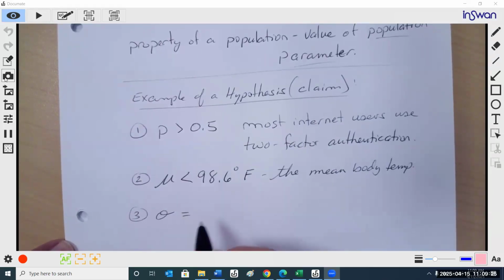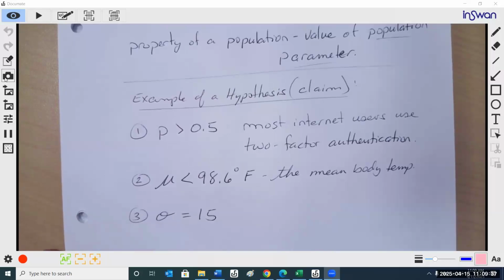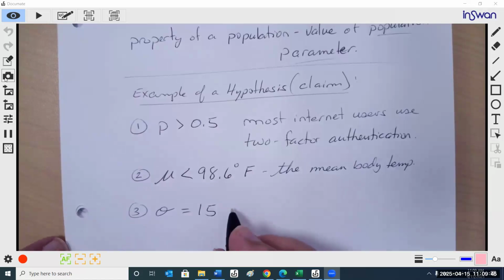The last one is, what does this stand for? Of the population, because it's Greek. Whenever it's Greek, it's a population. Whenever it's not Greek, it's a sample. So the population standard deviation equals 15.